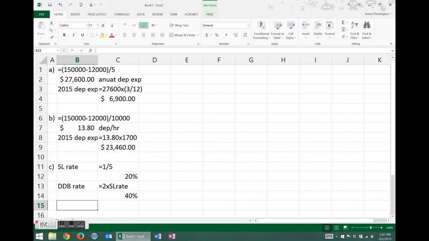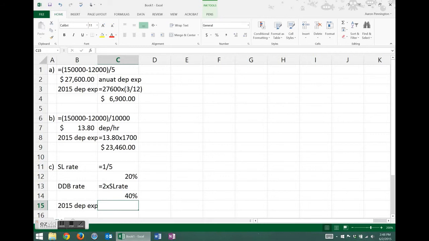So we're going to calculate depreciation under the double declining balance for 2015 and 2016. For the 2015 depreciation expense, we use a different approach.